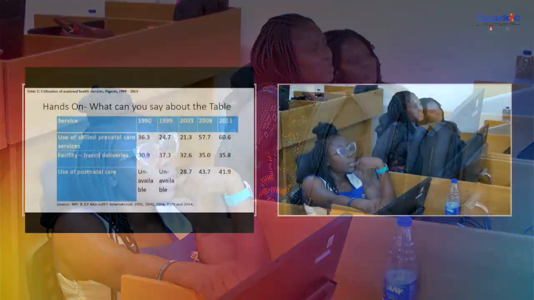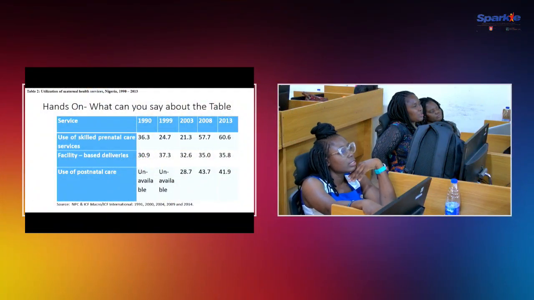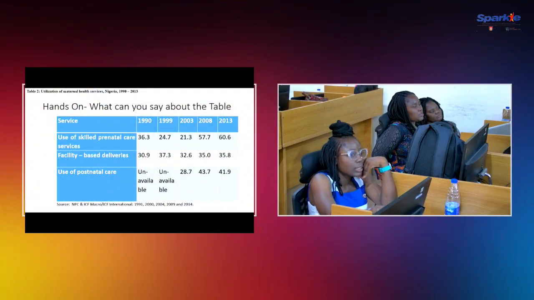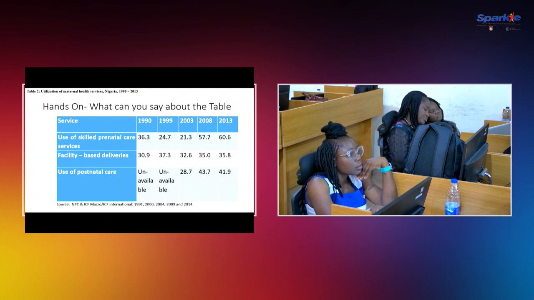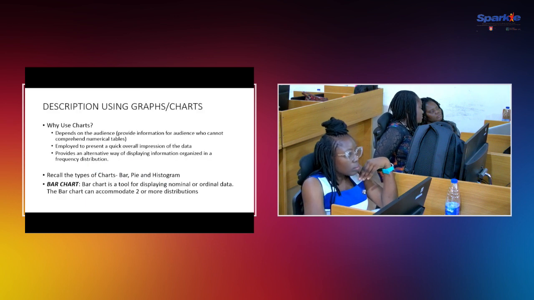It increased between 2003 and 2008, but dropped between 2008 and 2019. And then we have to look for what could have happened around those years that can cause all of this. Why did we not have data here? So many questions that you can ask, and then you talk about the table.